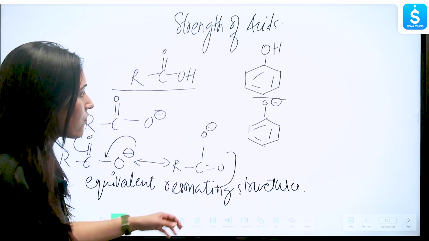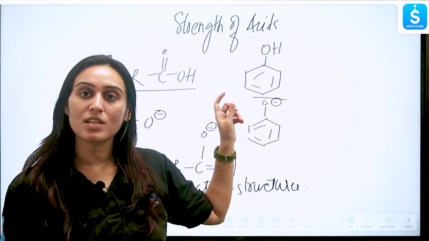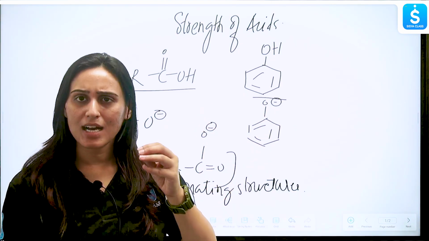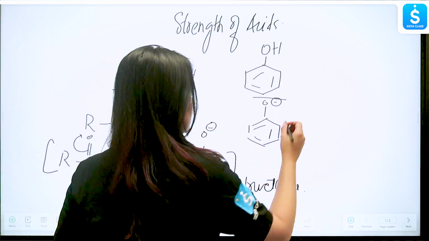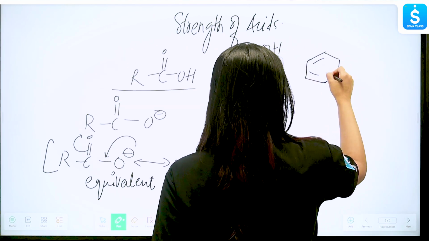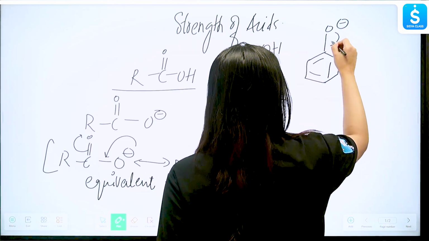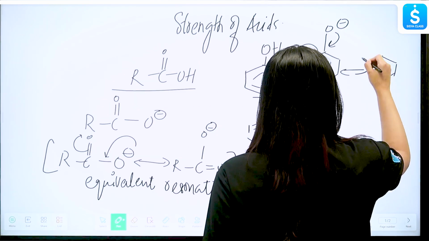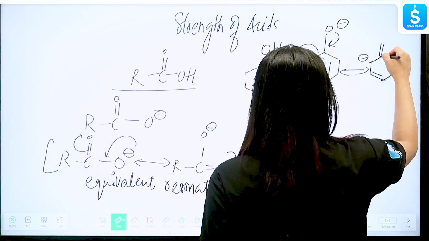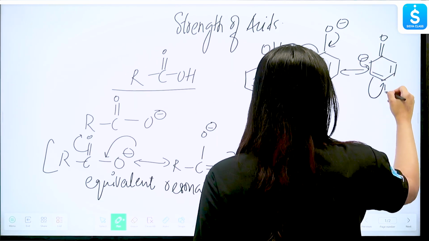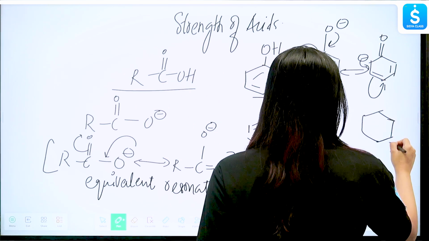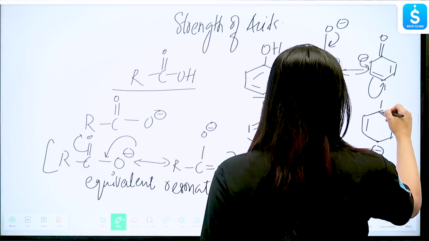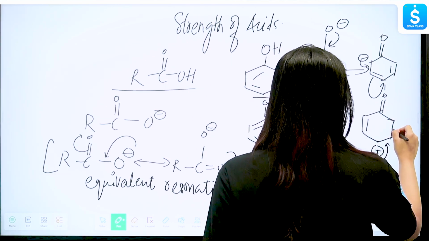Let's draw the 5 resonating structures for this phenoxide ion also and see for yourself. You just have to move this charge around, nothing fancy. Now this will go here, negative charge will come at this position. Then this will move here.